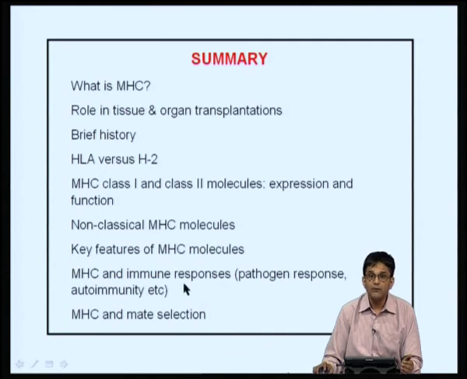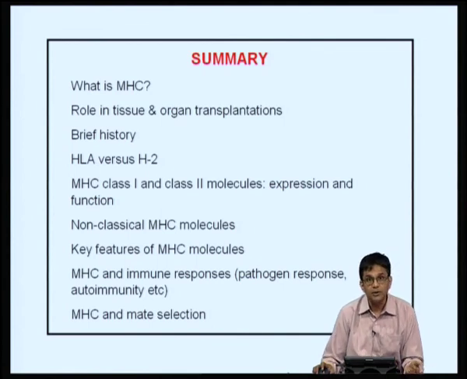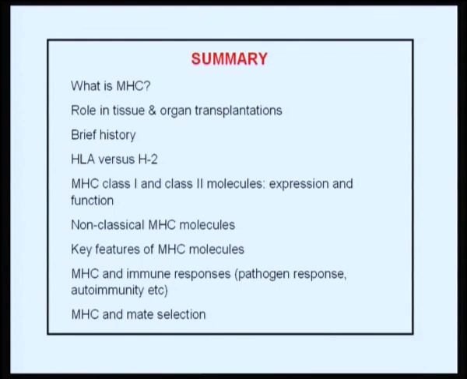We also went over some examples of MHC molecules and immune responses in terms of pathogen responses, and this you can see in terms of population based studies, and this is also important in terms of vaccination regimes and association of MHC molecules with autoimmunity. Finally, I also brought forth this important point of MHC and mate selection and the role of body odor.